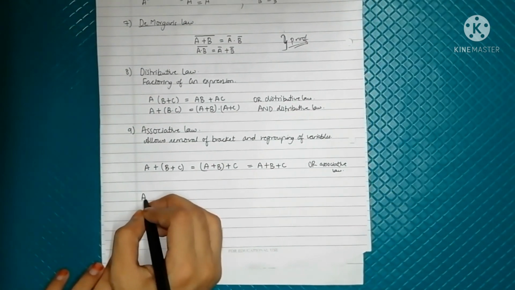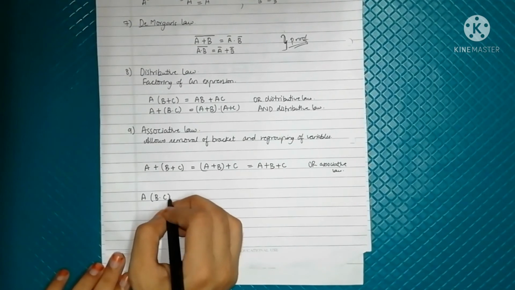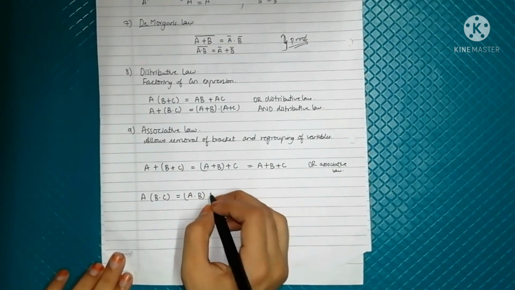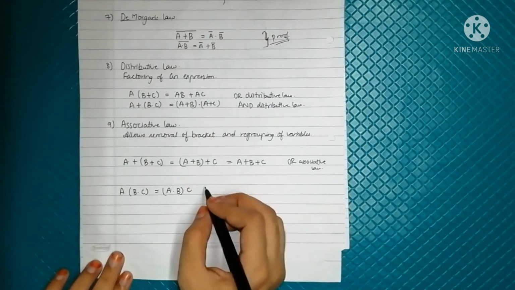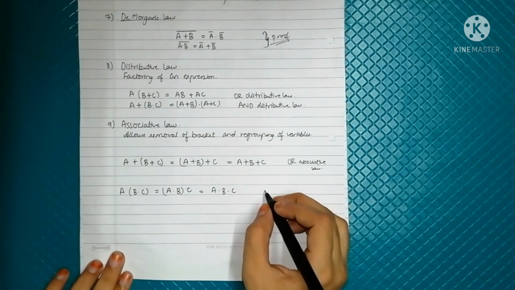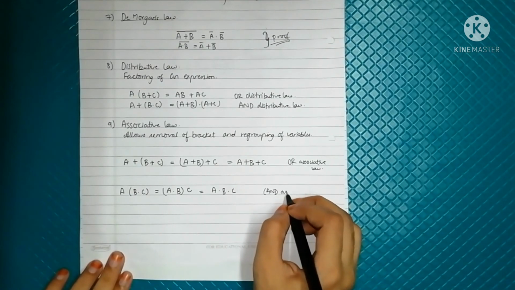And if there is A into B dot C, this can be written as A dot B into C, and this is equal to A dot B dot C. This is the AND associative law.